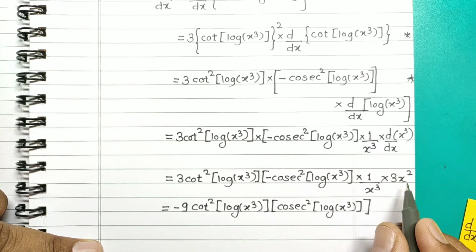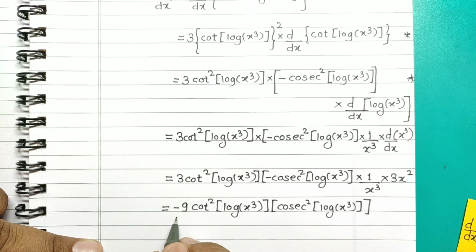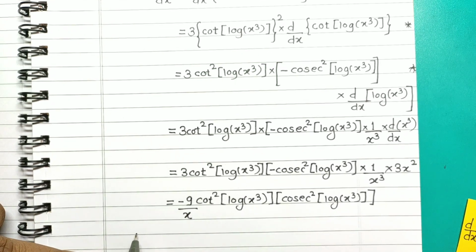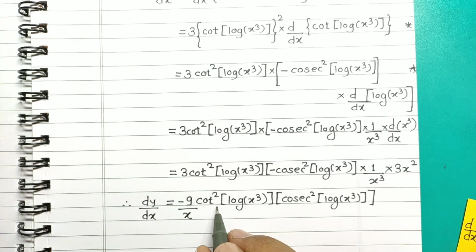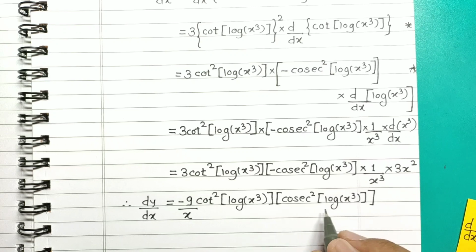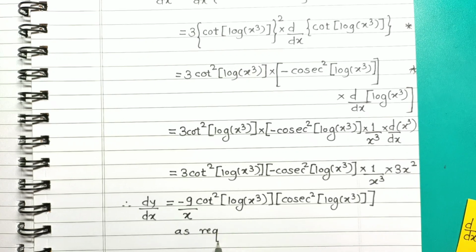And this x square upon x cube is 1 upon x, so we write that x here. So finally we have dy by dx is equal to minus 9 by x into cot square of log of x cube into cosec square of log of x cube as the required derivative.